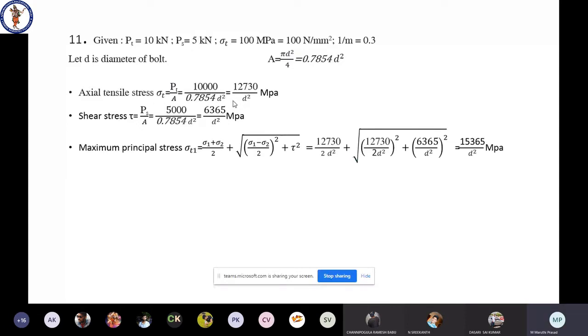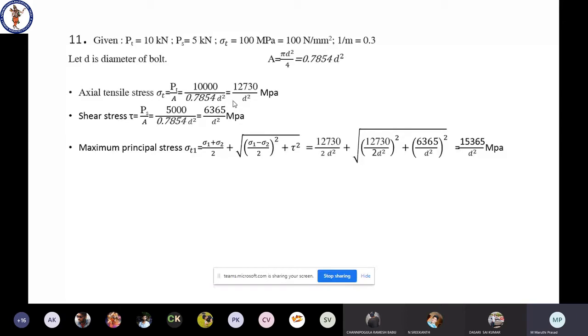First one is maximum principal stress. Here I have taken the formula which we have already derived. When a machine member is subjected to two tensile stresses and one shear stress, the maximum principal stress is sigma 1 plus sigma 2 by 2 plus root of sigma 1 minus sigma 2 by 2 whole square plus tau square.